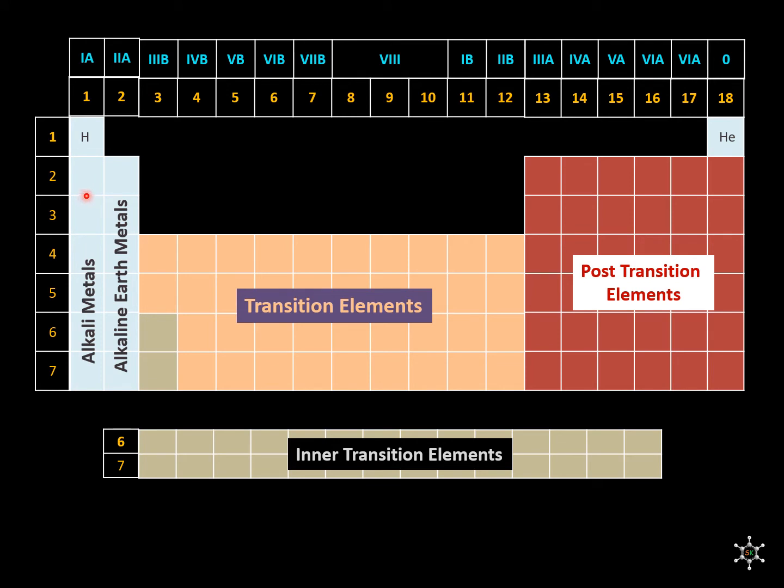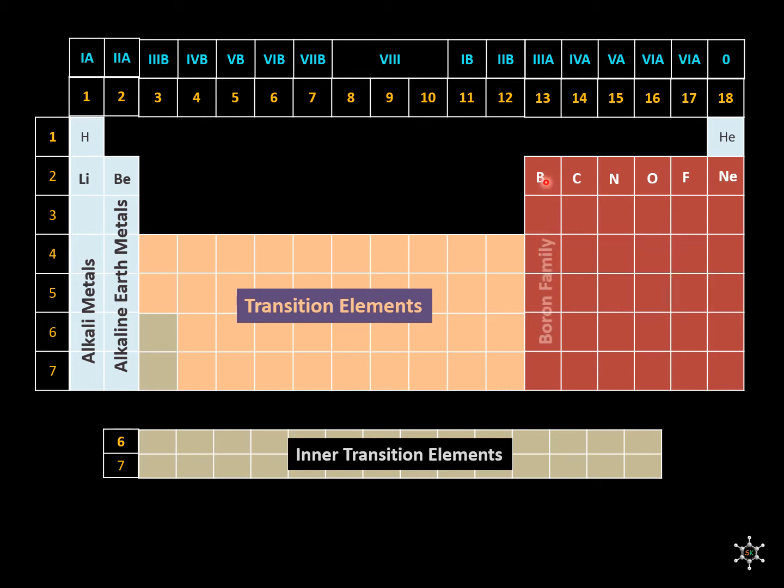Let us fill the elements of the second period in this periodic table: lithium, beryllium, boron, carbon, nitrogen, oxygen, fluorine, and neon. Along with the general name post-transition elements, these groups have specific group names.